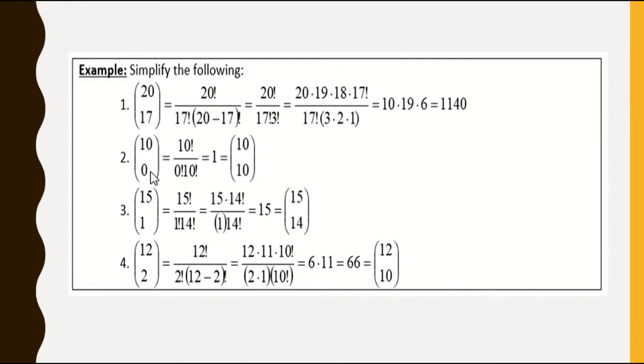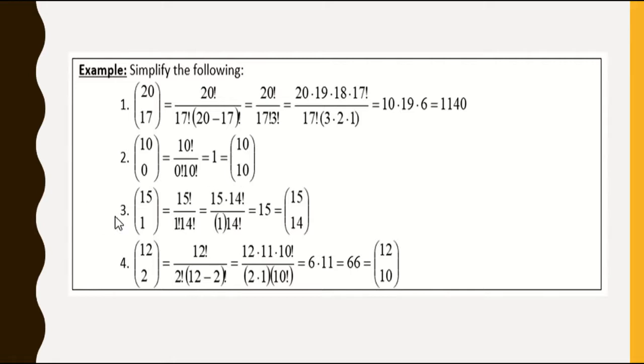So 10 minus 0 is 10 factorial. So the 10 factorial can be canceled. That is 1. And 0 factorial is 1. So that is equal to 1.